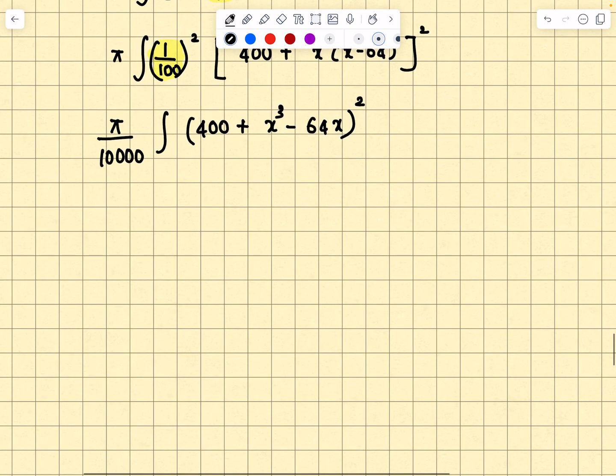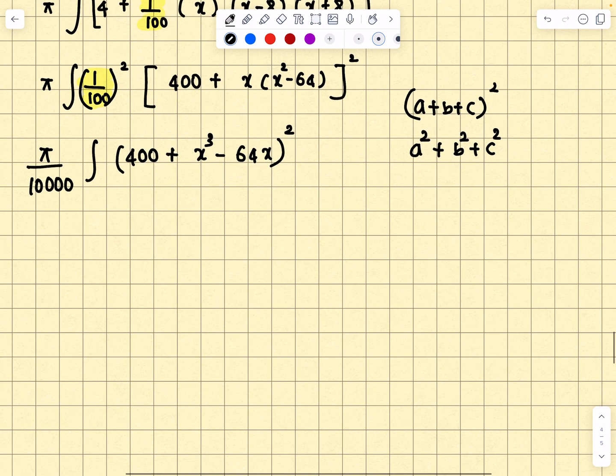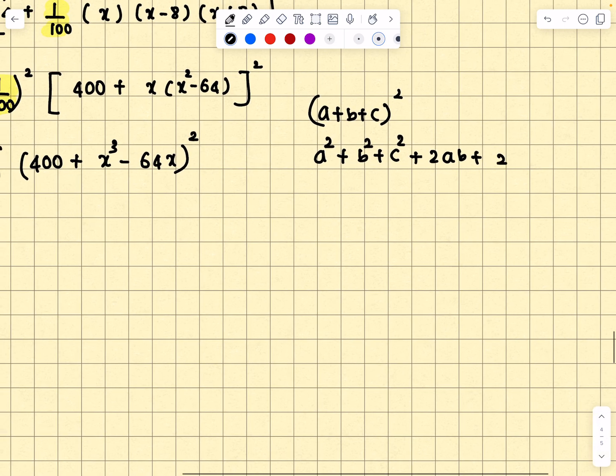To square this, a plus b plus c squared is going to be a squared plus b squared plus c squared plus 2ab plus 2ac plus 2bc.